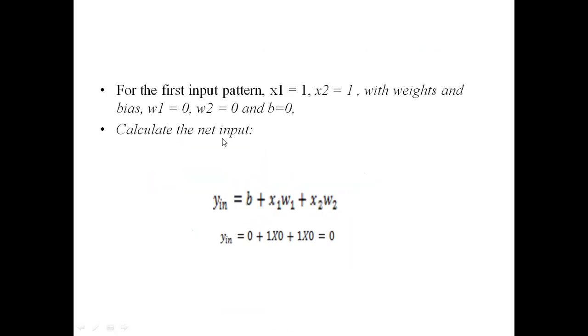Okay, so calculate the net input. We know the formula: y in is equal to b plus x1 w1 plus x2 w2. So b is 0, x1 is 1, w1 is 0, x2 is 1, and w2 is 0. So ultimately the y value is 0, for the first input pattern.